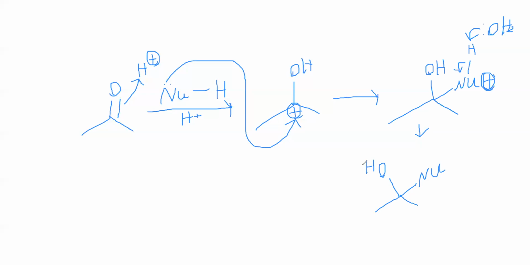And you end up with this kind of product, an alcohol and a nucleophile attached. Again, there are some acid catalyzed mechanisms that have more steps than this, but they generally follow these same steps. They just kind of repeat it two times, and I'll go over those when I get to them. So those are the kinds of mechanisms they can do.